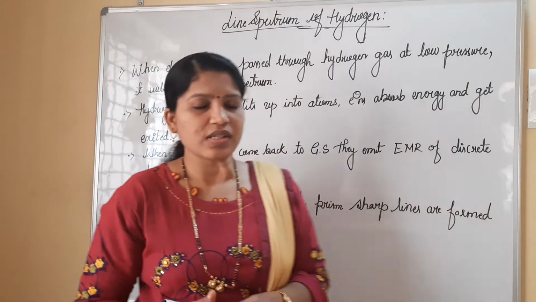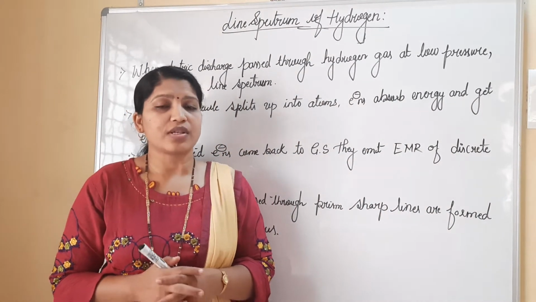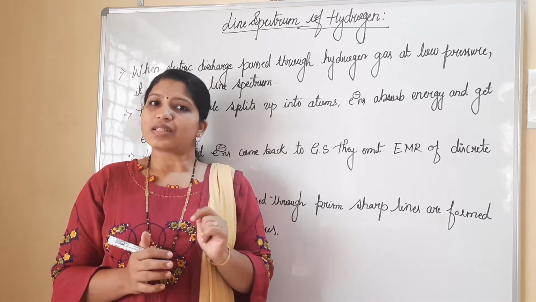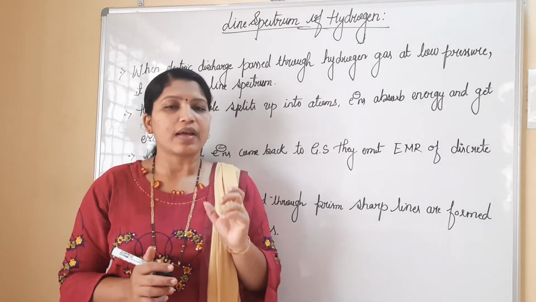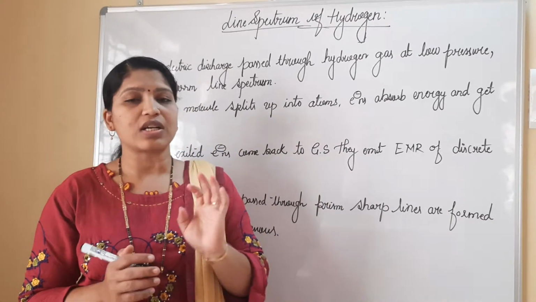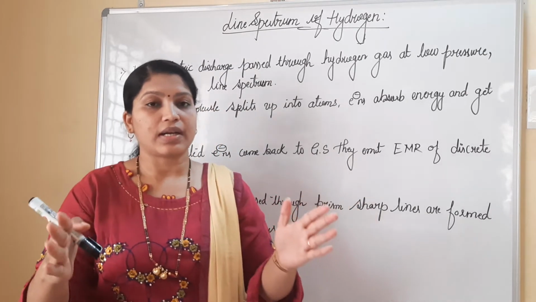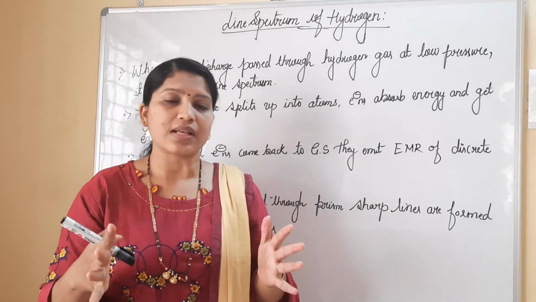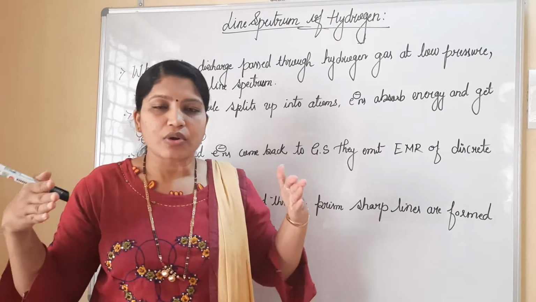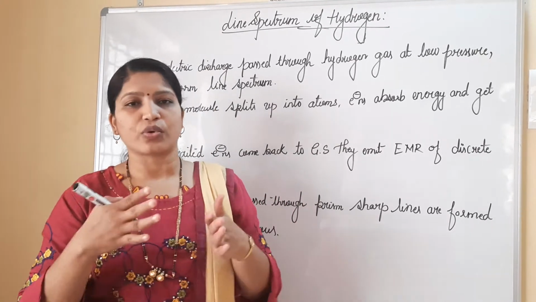So my dear students, we have seen exactly how the line spectrum of hydrogen is observed. In my last session, with a diagram of a tube filled with hydrogen gas that is discharged, we saw electromagnetic radiations passing from the gas discharge tube over the prism.